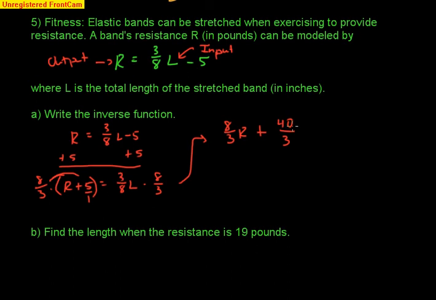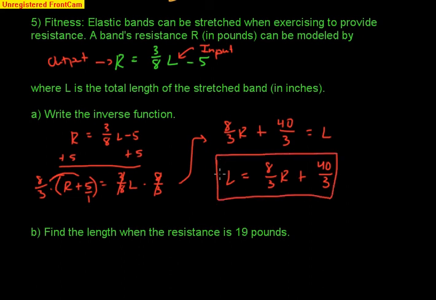So that's the left side, and the 3/8 and the 8/3 cancel, and there's L. If I put L first, my equation is L equals 8/3 R plus 40/3. So there's the equation we're going to use.